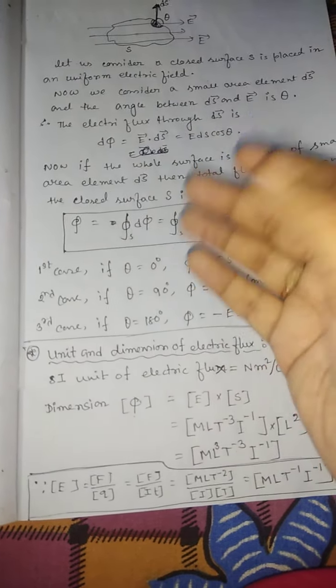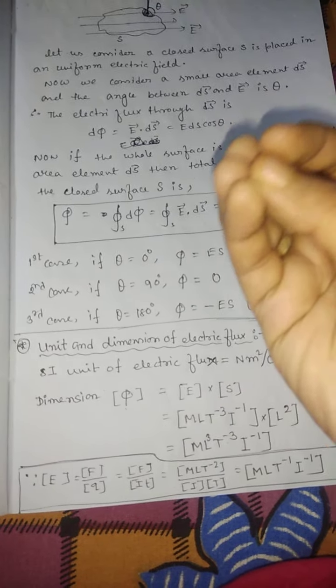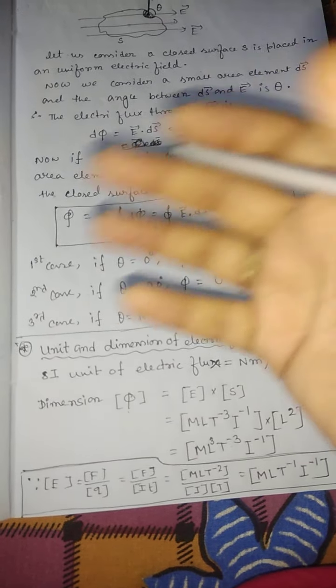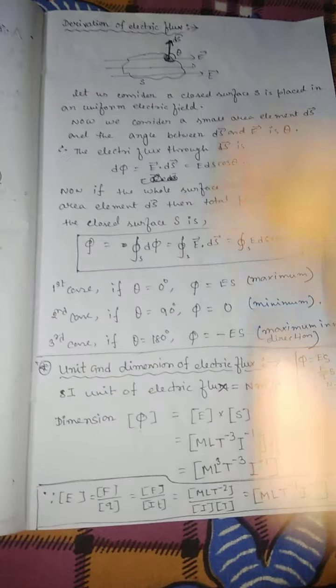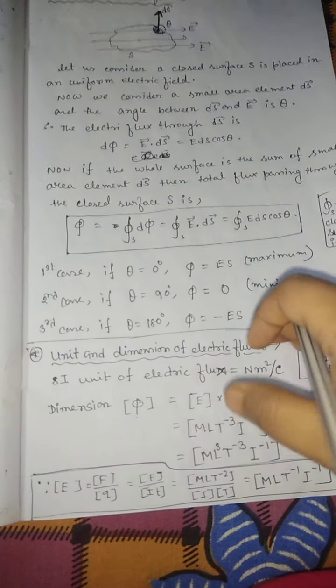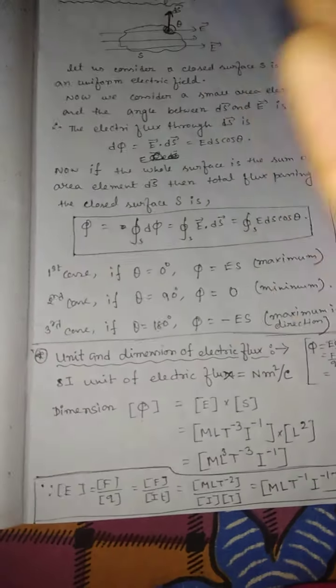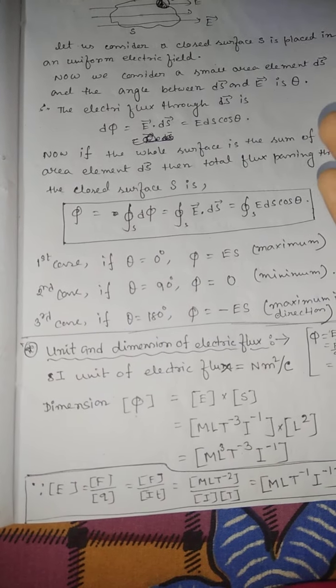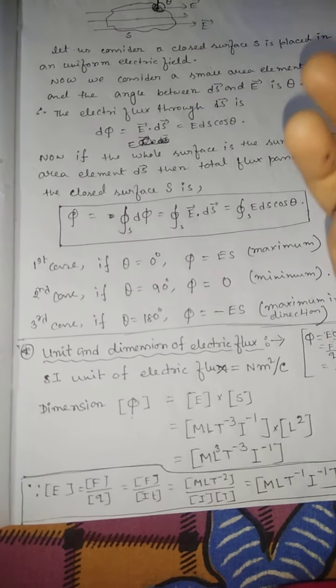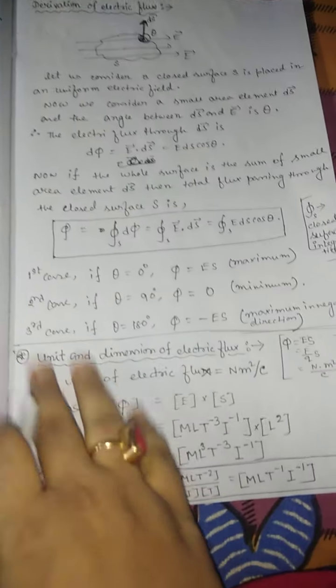Because if we consider a point charge, it creates a non-uniform electric field in all directions. So if you place any surface inside a non-uniform electric field, a few of the electric field lines are linked with the surface and they are perpendicular to it.